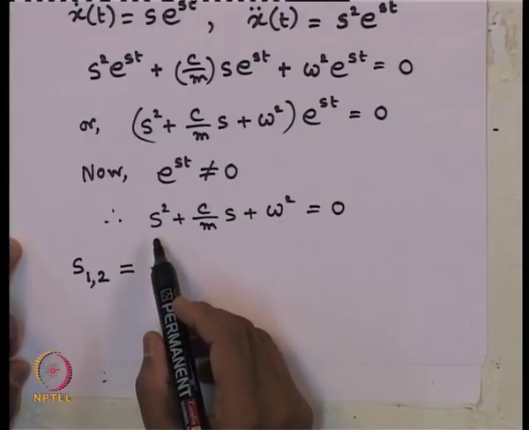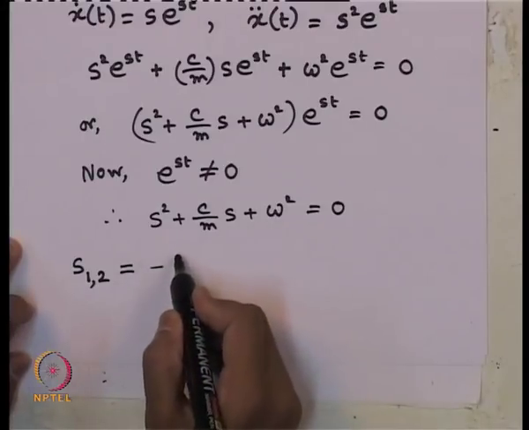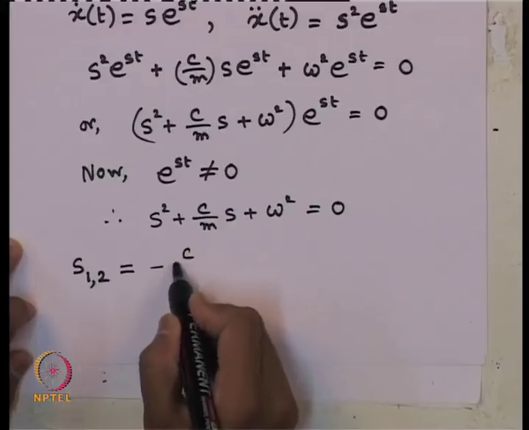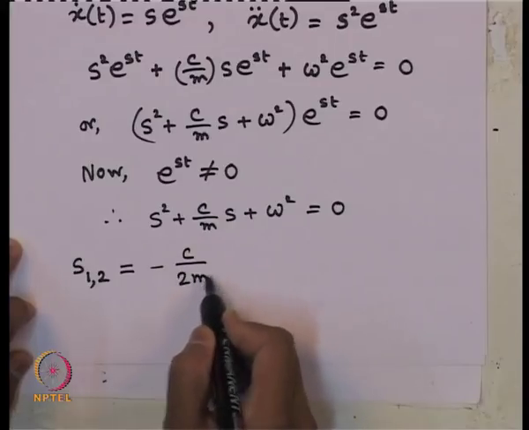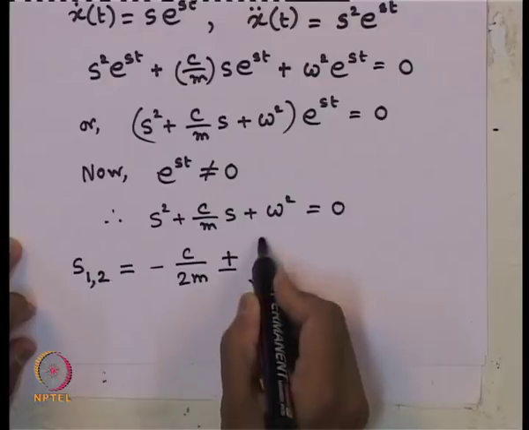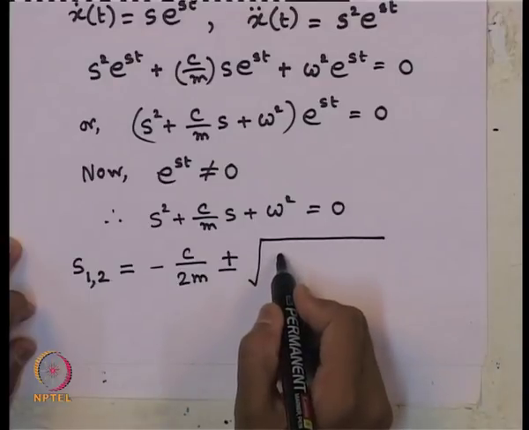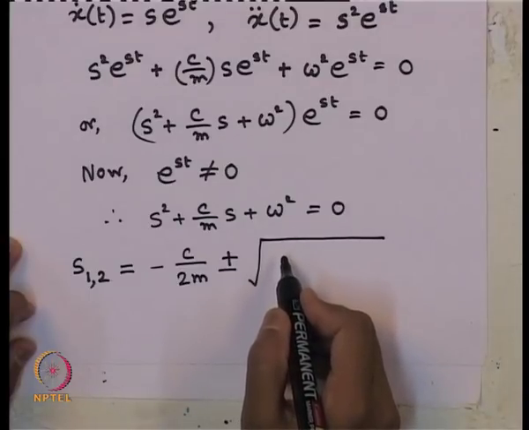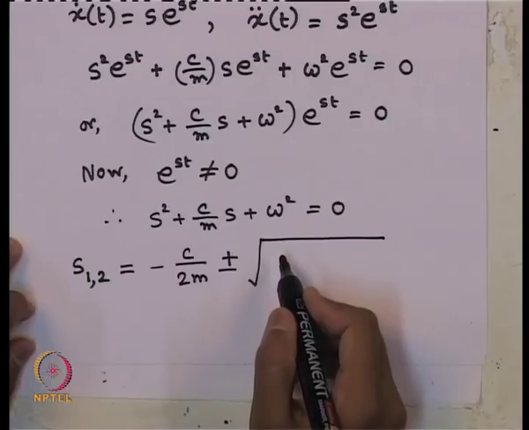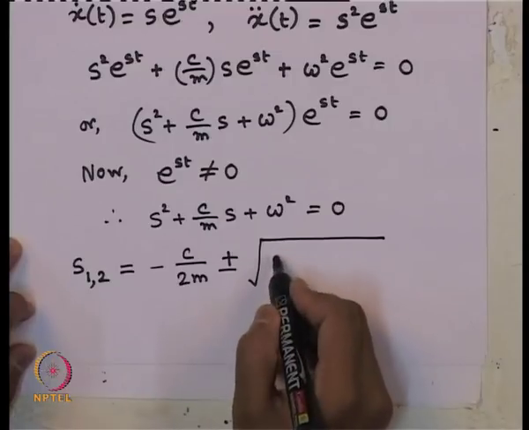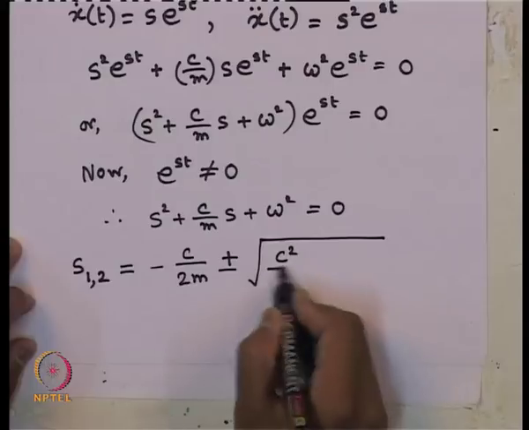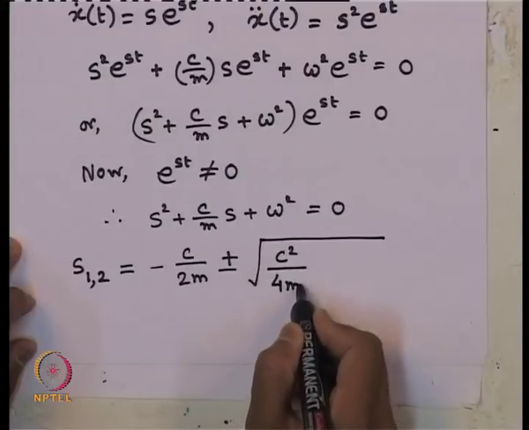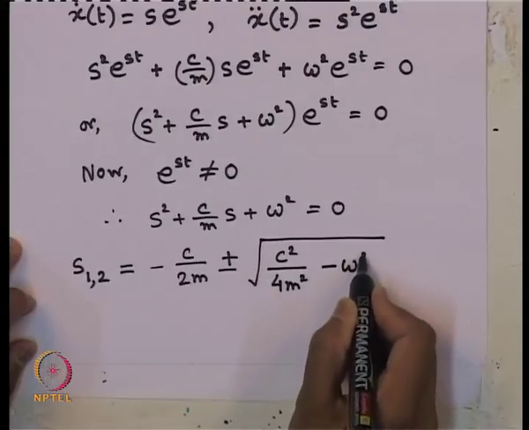it is in the form of minus b by 2 a plus minus root over b square minus 4 a c by 2 a, for a x square plus b x plus c equals to 0, that form. So, c square by 4 m square minus omega square.